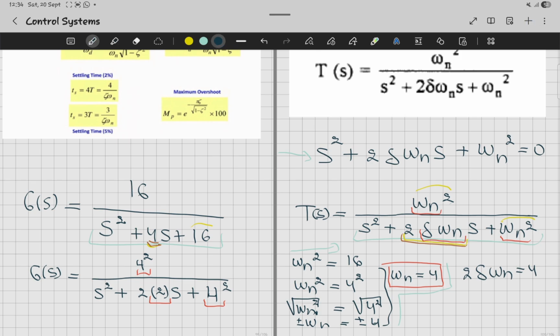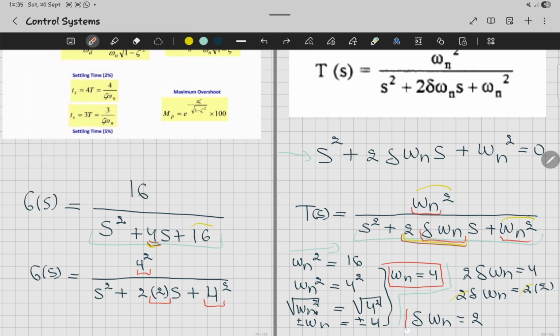Now when you know this, you can write it this way. It's going to be 2 times 2, so we can cancel out this 2 and that 2 there, and we're going to remain with zeta wn equal to 2. So this is the answer that you get from here.